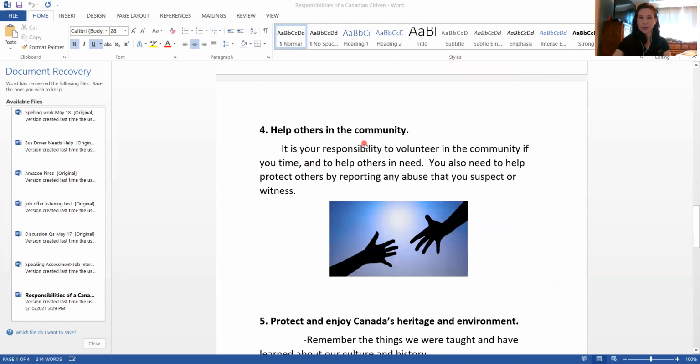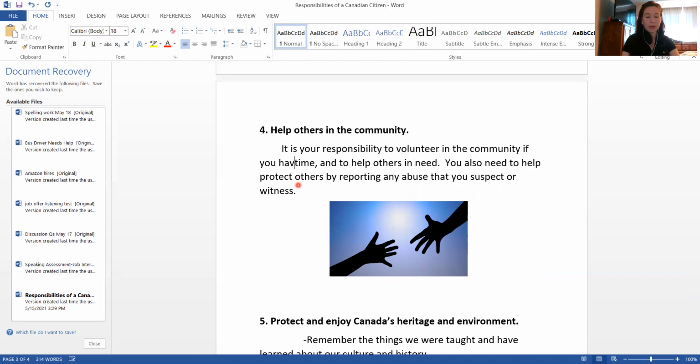Help others in the community. It's your responsibility to volunteer in the community if you have time and to help others in need. You also need to help to protect others by reporting any abuse that you suspect or witness.